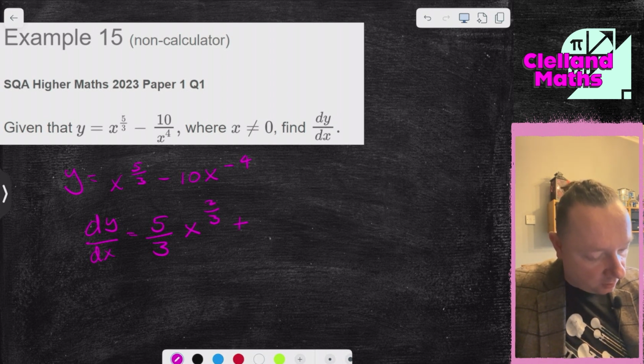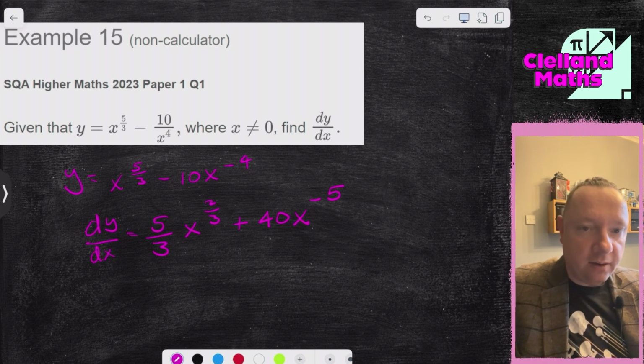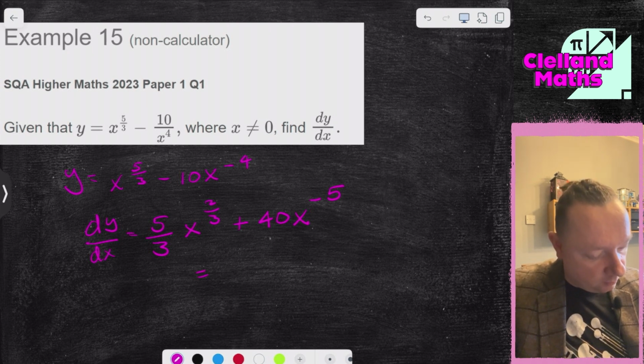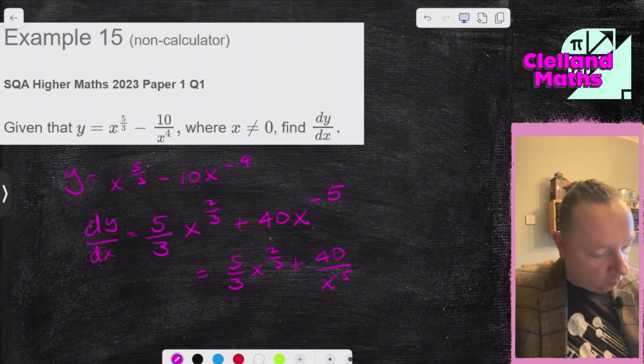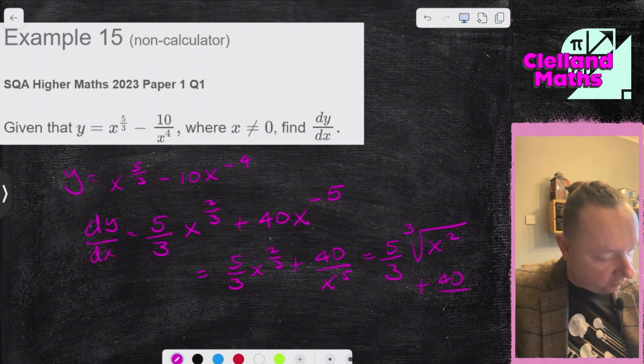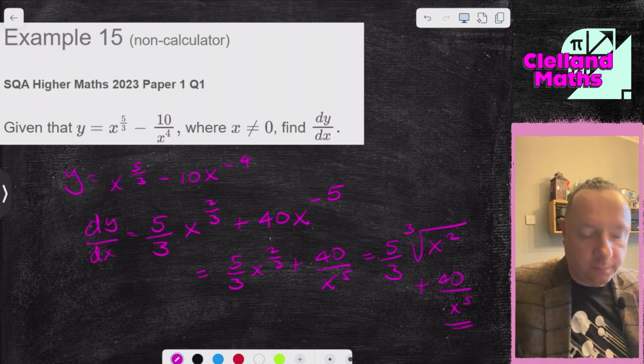Minus times a minus is a plus, 40x to the minus 4 take away 1 is minus 5. And it just says find dy by dx. It doesn't say simplify it or anything. You don't have to. But maybe on the safe side, we could write 5 thirds x to the 2 thirds plus 40 over x to the 5. Or if we want to be really fancy, we could write 5 thirds x to the 2 thirds as the cube root of x squared plus 40 over x to the 5. But there's no need to go that far.